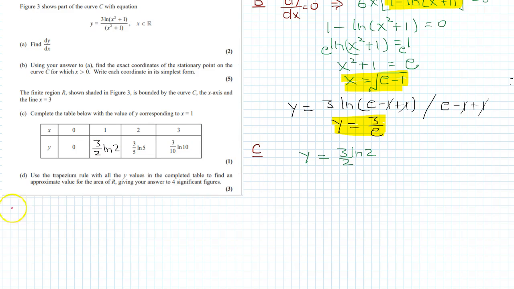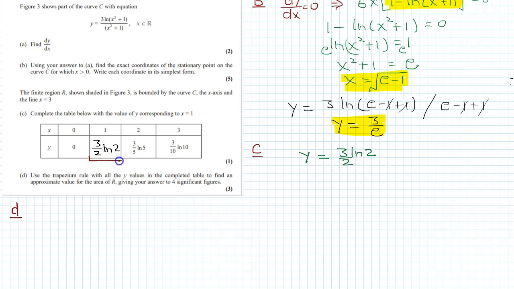Part D. Use the Trapezium Rule with all the values in the completed table to find an approximate value of the area of R, giving your answer to 4 significant figures.